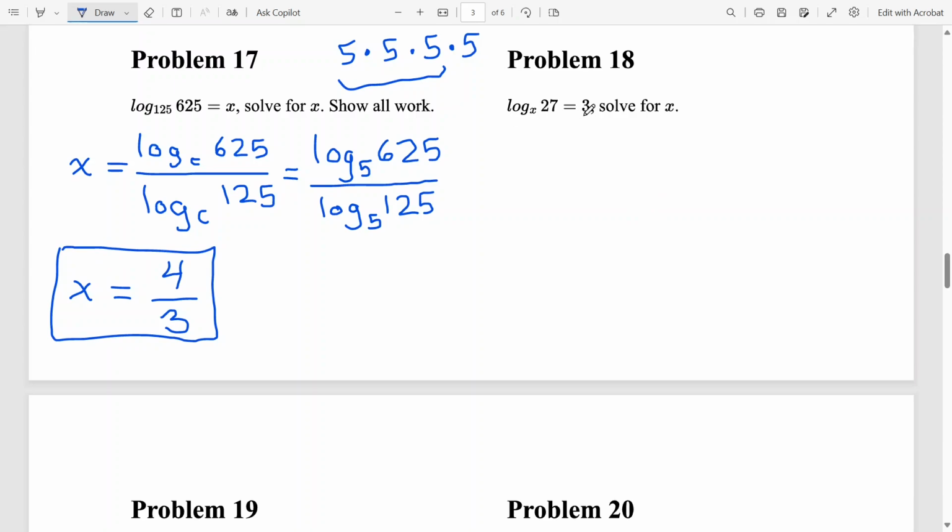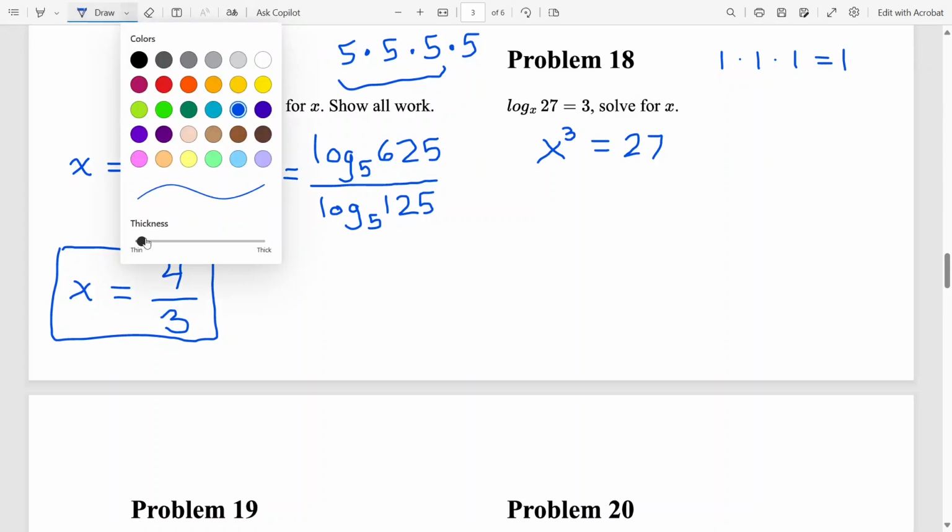Log base x of 27 equals 3, solve for x. So we can write this in exponential form. We use our base x to the third power equals 27. Well, what number could I take and multiply together 3 times to get 27? Well, if we do 1 times 1 times 1, that's just going to be plain old 1.